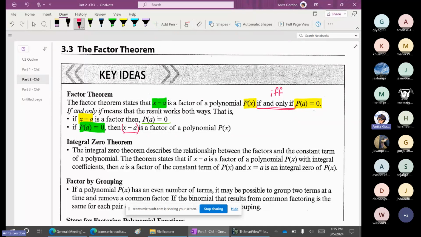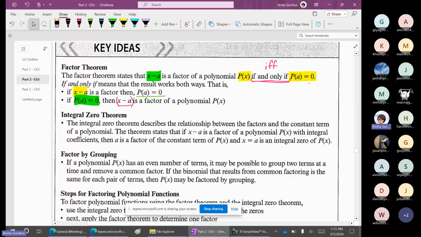The integral zero theorem describes the relationship between the factors and the constant terms of the polynomial. The theorem states that if x minus a is a factor with integral coefficients, so integer coefficients, then a is a factor of the constant term.